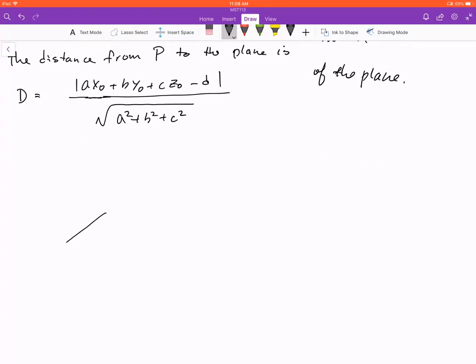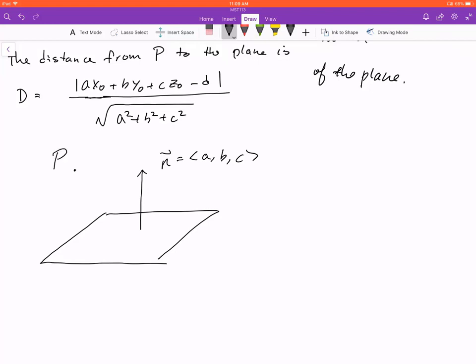We have a plane, and we know it has a normal direction n, which is (a, b, c). We also have another point, let's say this point P. We want to find its distance to the plane.